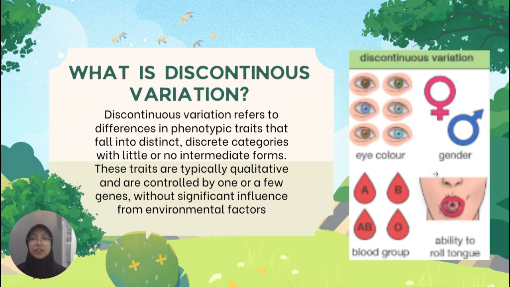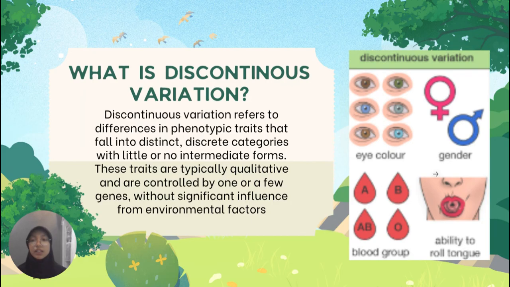Okay, the first one I will explain is what is discontinuous variation? So, discontinuous variation refers to differences in phenotypic traits that fall into distinct, discrete categories with little or no intermediate forms. These traits are typically qualitative and are controlled by one or a few genes, without significant influence from environmental factors.